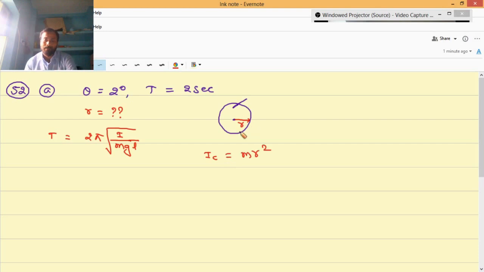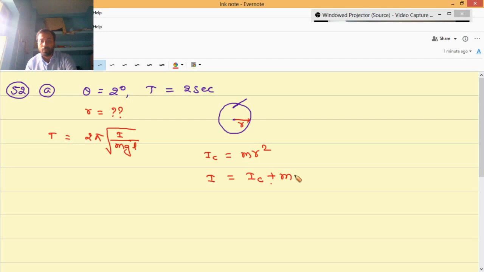About the center of mass the moment of inertia is mr square, but what is required is about this particular suspension point. To get the moment of inertia about this point, we have to add the moment of inertia at the central point plus the mass of this object concentrated at the center times the square of the distance between these 2 points.